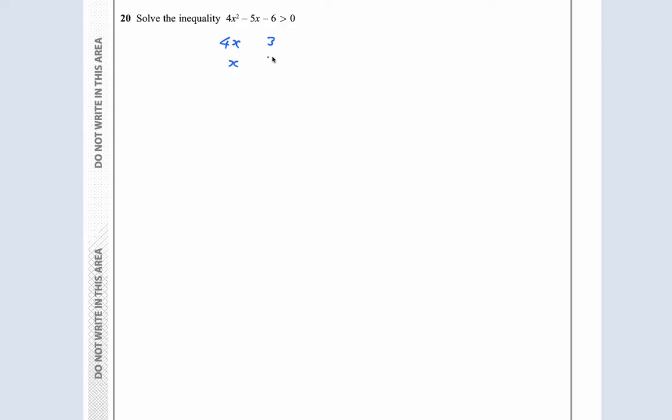If I do 3 there and 2 there, this will work because I'm going to get 8x and 3x. This will give me 8x and this will give me 3x, and I want to get minus 5x. So if I put minus here, minus 8x plus 3x, that will give me the factors.